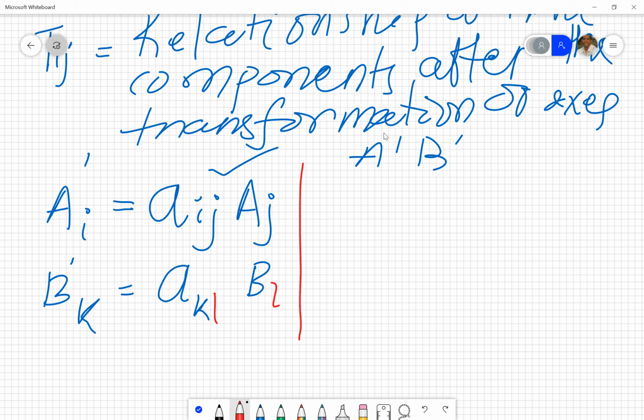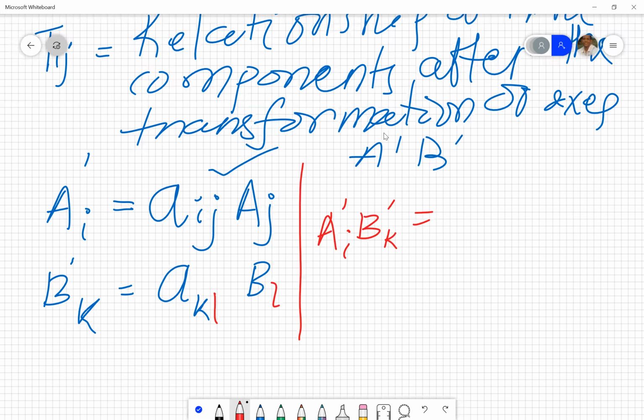So we are going to find out the relationship in the multiplication of the vectors. We are now finding A dash I into B dash K. So what will be the equation?